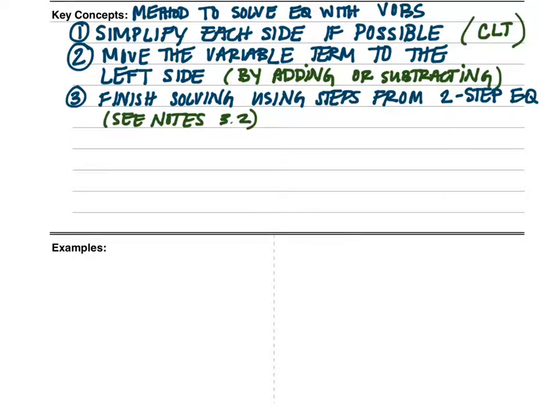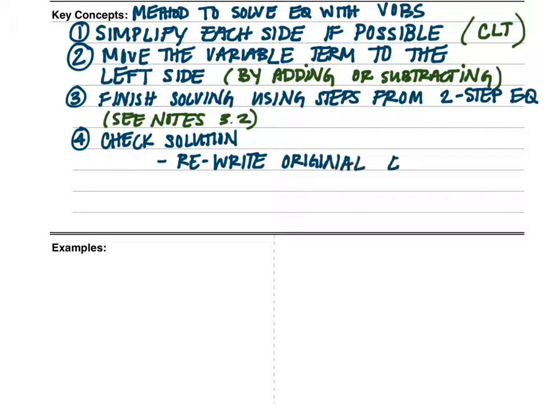Our last step in the method for solving equations with variables on both sides is step 4, which is the check. And we check a solution by rewriting the original equation. The next item is to substitute that solution back into the original equation.